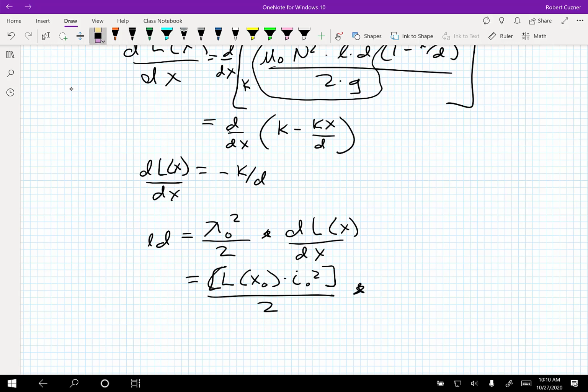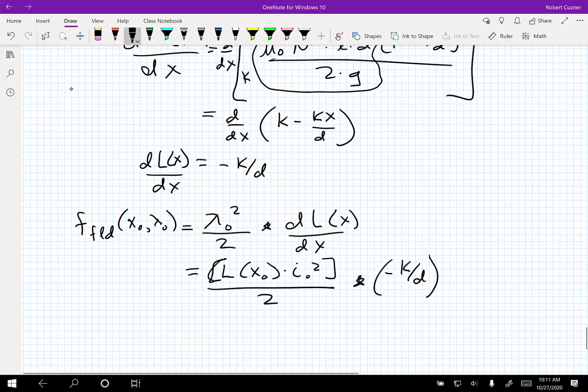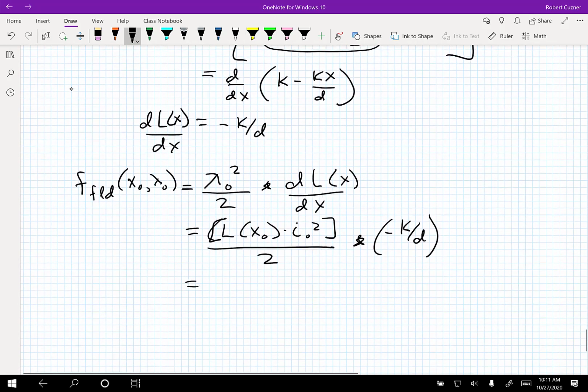So this would be the force at a specific x and a specific lambda. All we would really need to do is plug in this function here that we had for L.